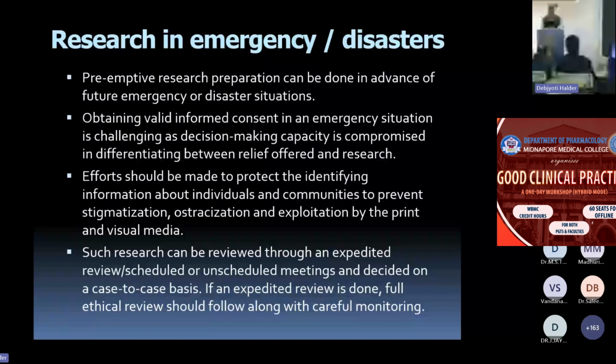So preemptive research preparation can be done in advance of future emergency or disaster situations, and efforts should be made to protect identifying information about individuals and communities to prevent stigmatization, ostracization, and exploitation by print and visual media, which we faced in the COVID times, not only regarding COVID cases, but initial COVID vaccine recipients, etc.